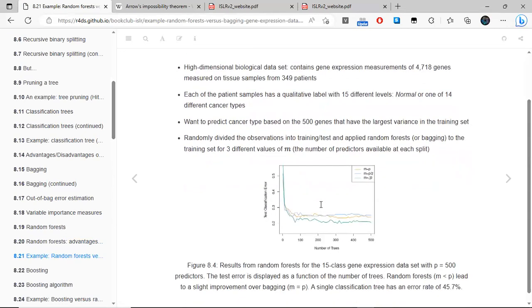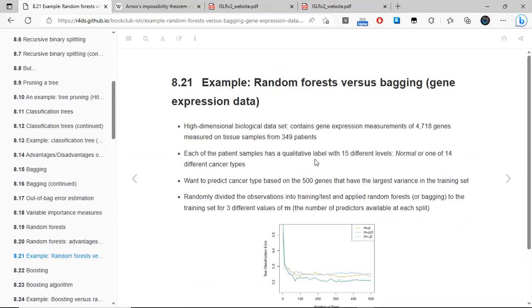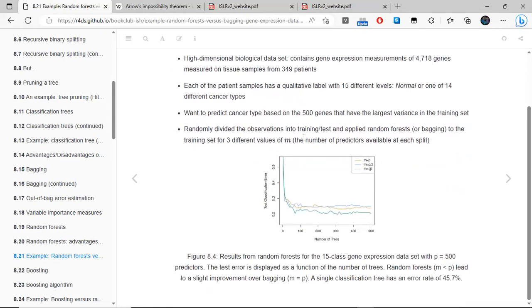Let's see over here, they present an example where there are too many variables, so it's quite a high dimensional data set. They limit themselves only to the predictors that have a large variance, because that makes them worthwhile to predict. If it is quite low, then it does not give us good enough information to make accurate predictions.